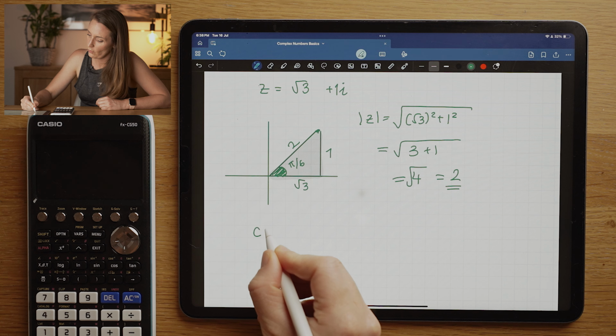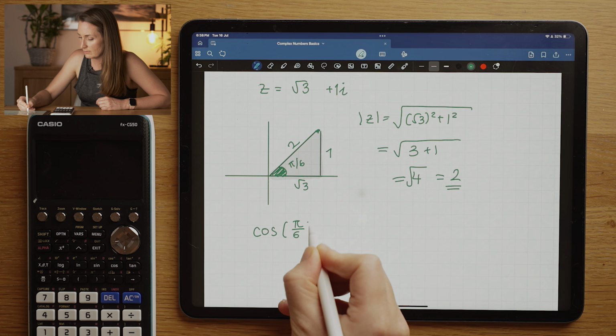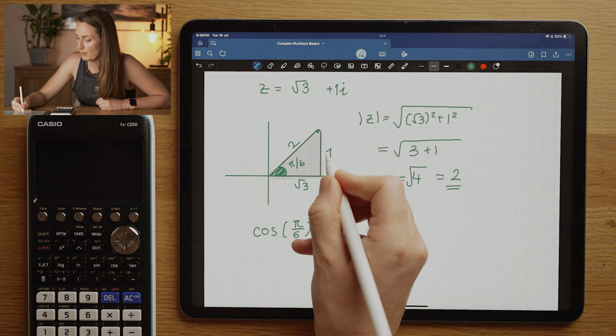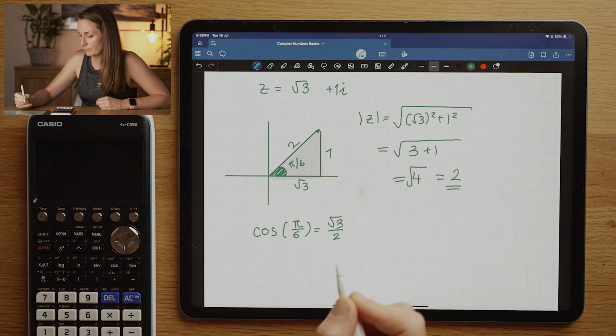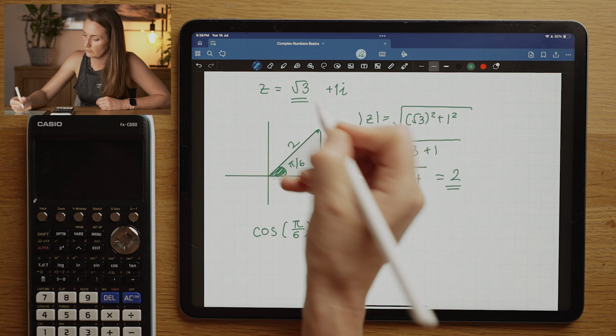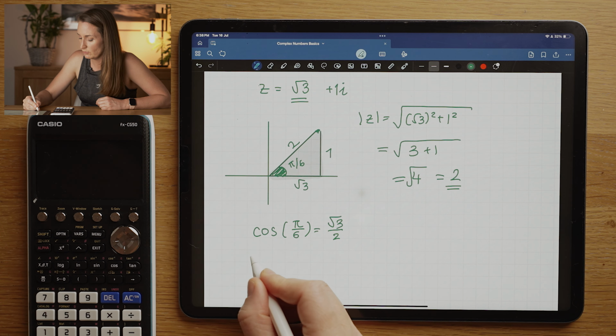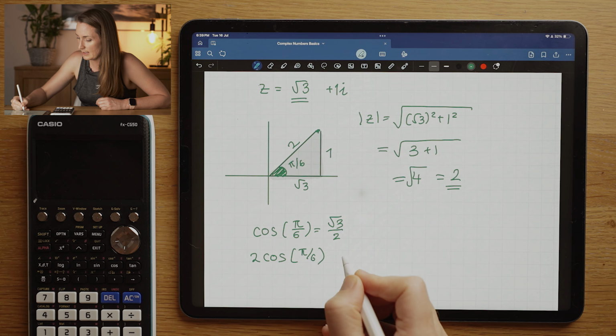We know that cos pi over 6 must be equal to adjacent over hypotenuse. So therefore square root 3 must be equal to 2 cos pi over 6.